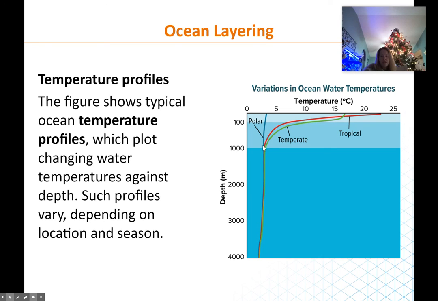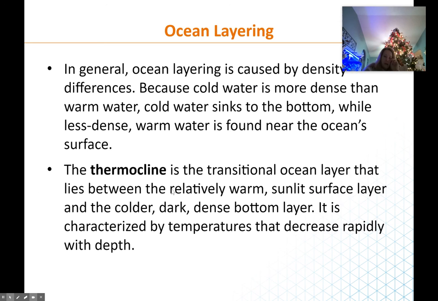So at about 1,000 meters, we've got about the same temperature throughout the entire world of oceans. But this temperature difference right here is called a thermocline. It's just a transition of ocean layer that lies between warm sunlit water and the bottom. Well, not the bottom, but 1,000 meters down. And so you've still got miles and miles of ocean that are relatively the same temperature.